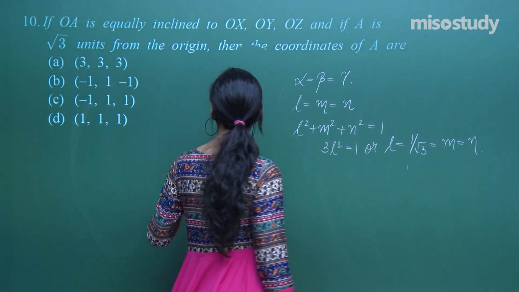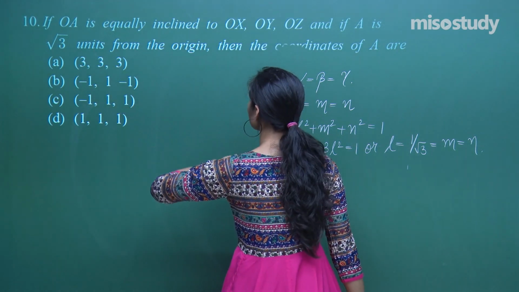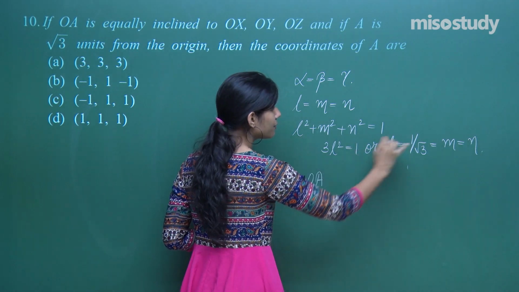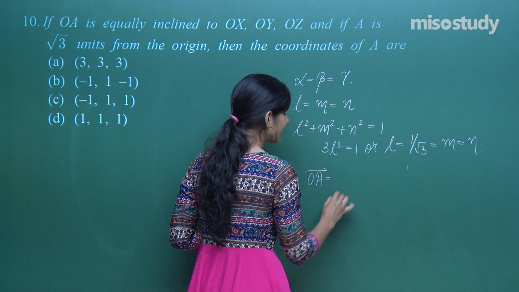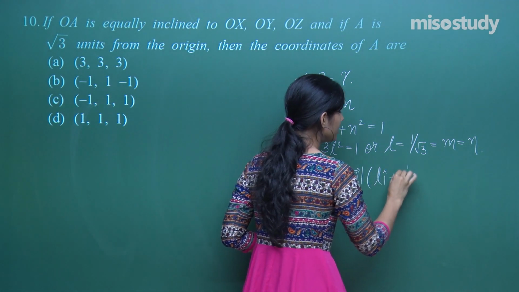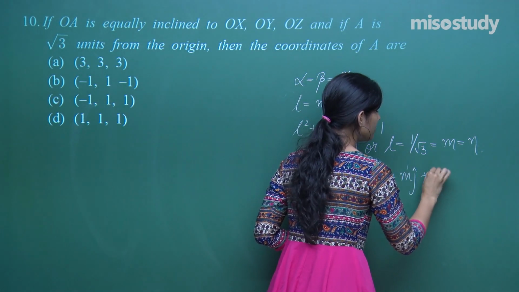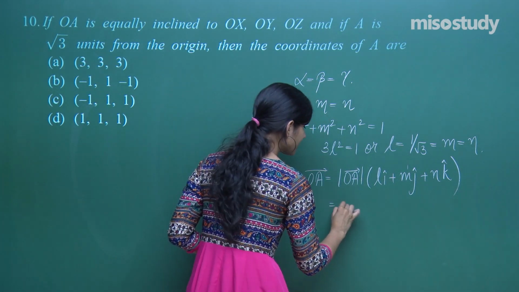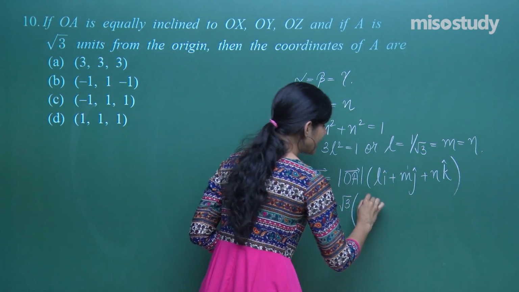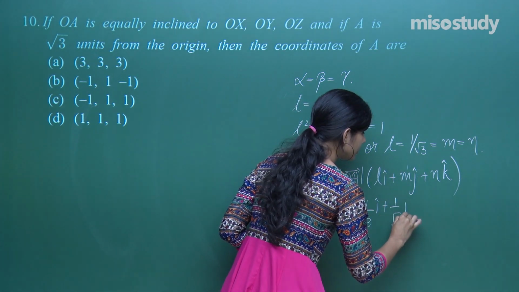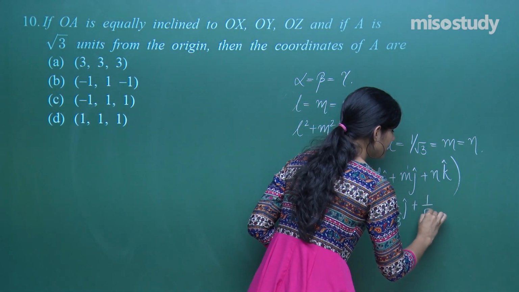If you are aware that the vector is root 3 units away from the origin, and you are aware of the direction cosines also, I can write this as the magnitude of the OA vector times (l i cap plus m j cap plus n k cap). What is this magnitude? It is root 3. l i cap means 1 by root 3 i cap plus 1 by root 3 j cap plus 1 by root 3 k cap.